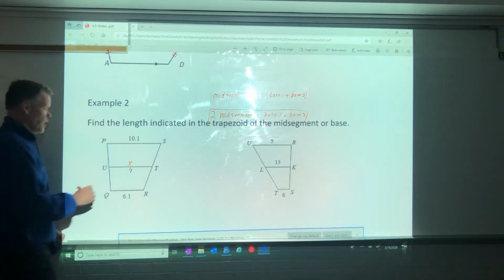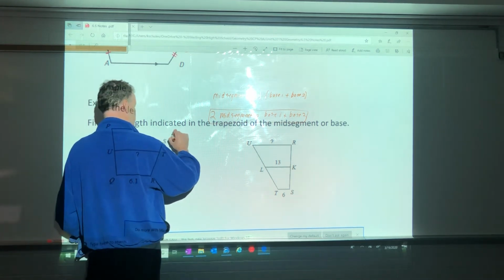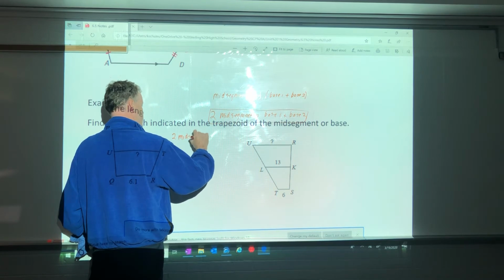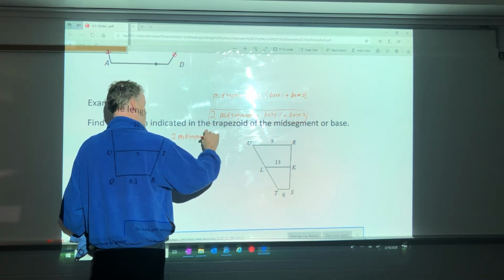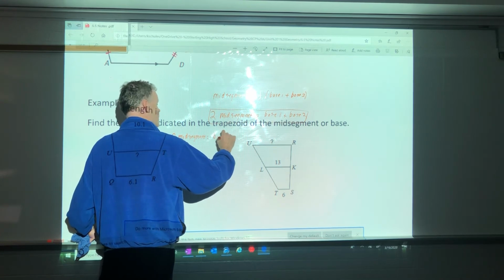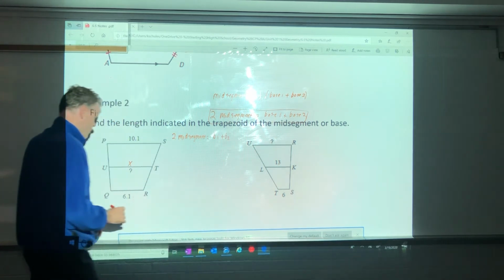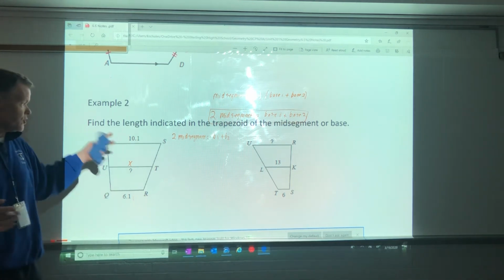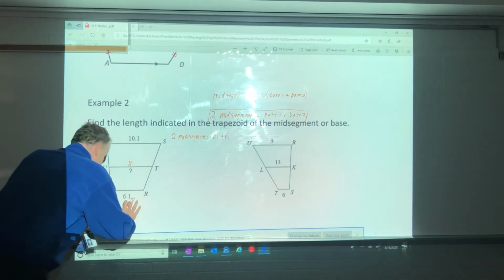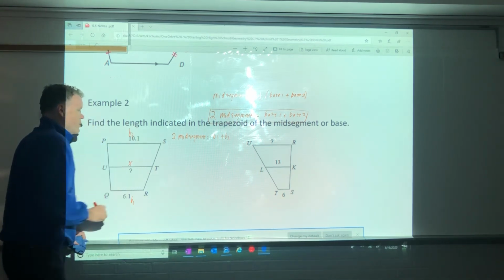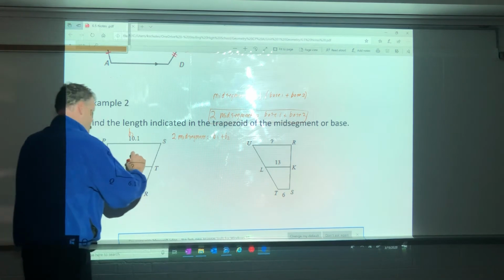So 2 times your mid-segment, I'll write this formula, equals, I'll just call this B1 plus B2. I'll call the bottom one B1, top one B2. It doesn't matter which one's which because you're just adding them both together. So this is going to be base 1, this is base 2. Okay, and this is your mid-segment.